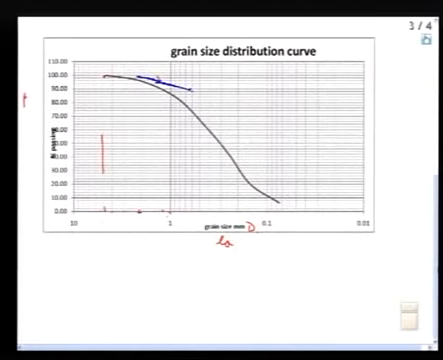Number 200 is 0.075. This is the one. How much? 62, here. So I have already made the particle size distribution curve. You see?